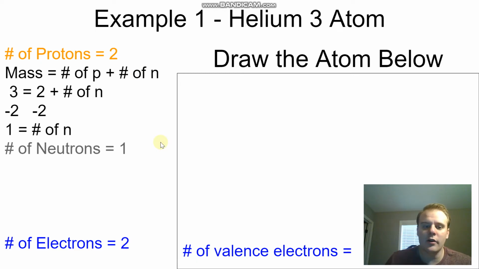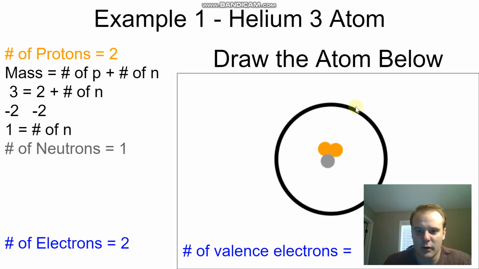Okay, and so then what we're going to do next is draw the atom now that we know how many protons, neutrons, and electrons it has. The first thing we're going to do is draw on the protons. Right? 1, 2. So we've got our 2 protons. Next we'll add our 1 neutron. Okay, and then the next thing that you should draw is the orbital.